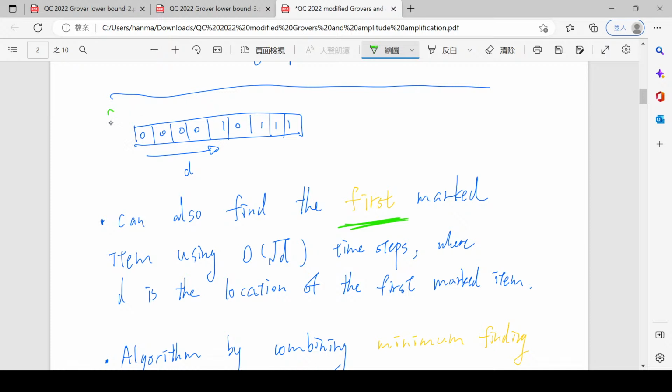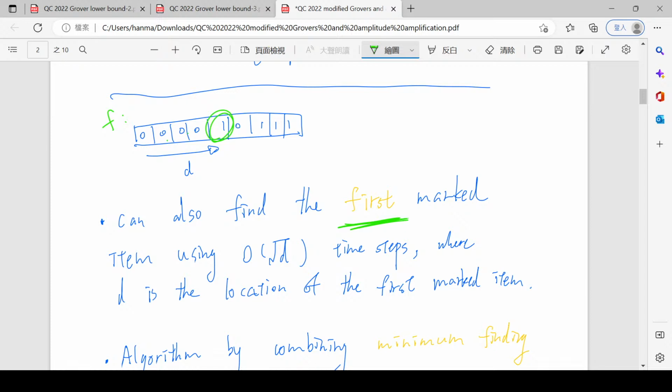So once again, let's say our truth table, our small f is here, and we can have f0, f1, f2, f3, etc. And you can think about there is an ordering, right? So we want to find the first marked item here, so this one here. Okay. And that's possible, and it's kind of faster than doing total Grover search.